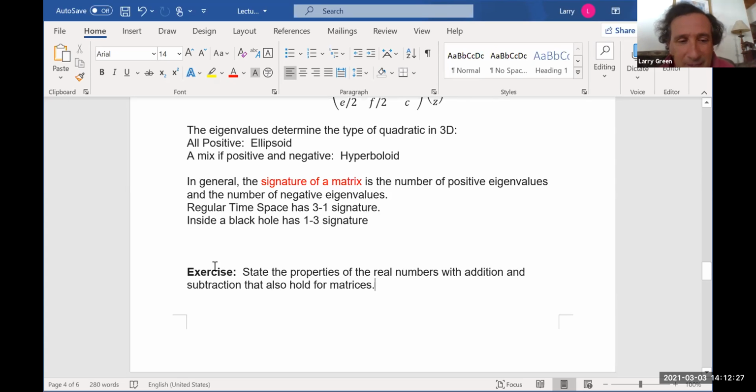So I'm going to jump into 9.1, and I want you to do something. I want each of you to put in the chat box a property of the real numbers with addition, or what's not subtraction? That's a mistake. Multiplication. And let me write scalar multiplication.